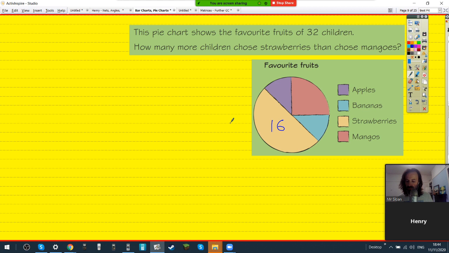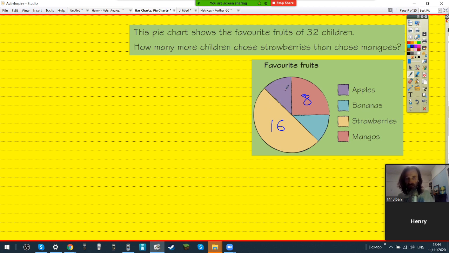It's 1/4. That looks like a quarter. So how many would that be? Yes, 1/4 is 8. So then 16 add 8 is 24. So we got 24 done.